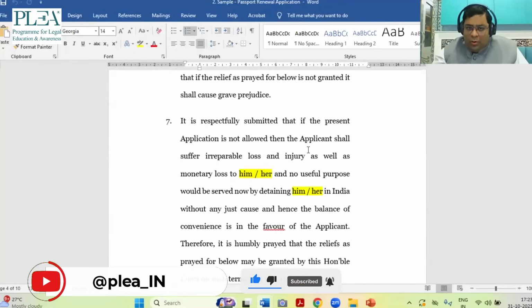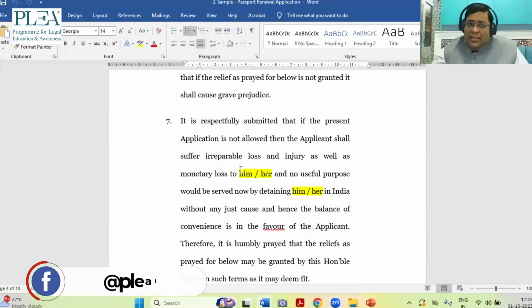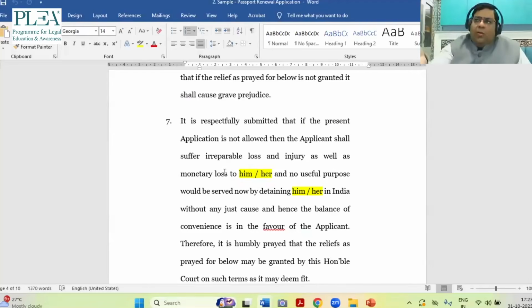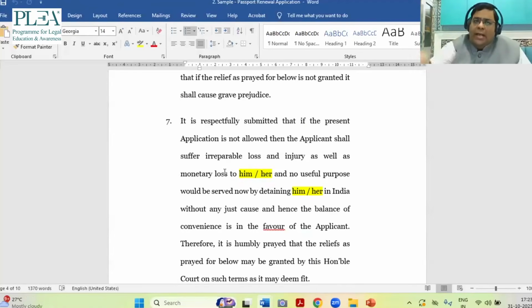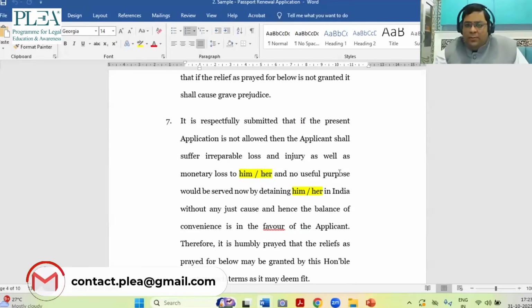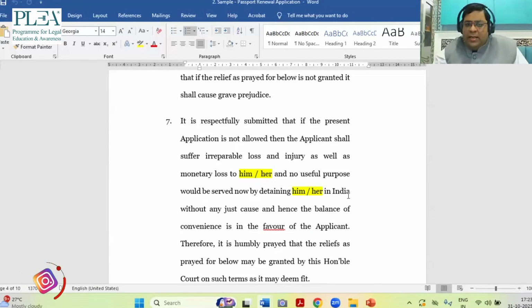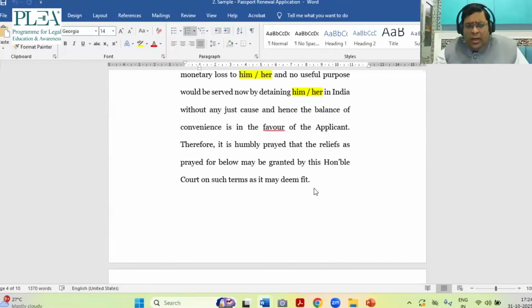So, if the application is not allowed, there will be irreparable loss and injury which will be caused, as well as monetary loss, because sometimes the accused may require to travel abroad for any business purpose, and if that business could not be conducted, that will directly lead to a monetary loss, and no purpose will be served by detaining him in India. Therefore, balance of convenience is in favor of the applicant.